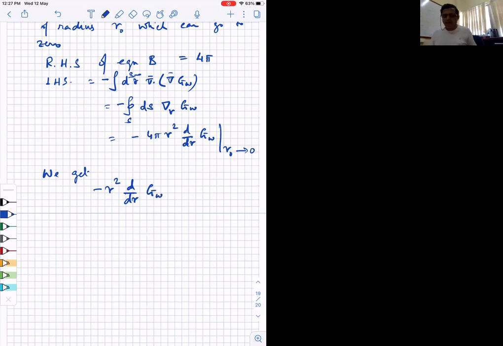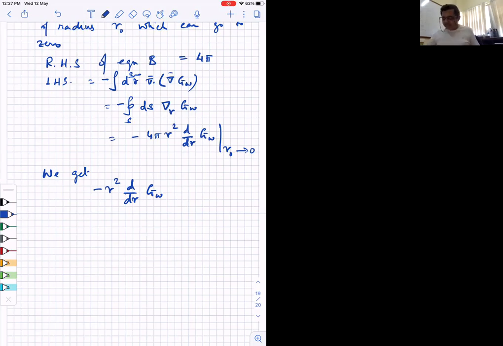So in spherical coordinates, the grad can be written as 1 over r into del r, right? You cannot simply write grad as del r. There should be a factor there. The radial part comes in the spherical part. Exactly.